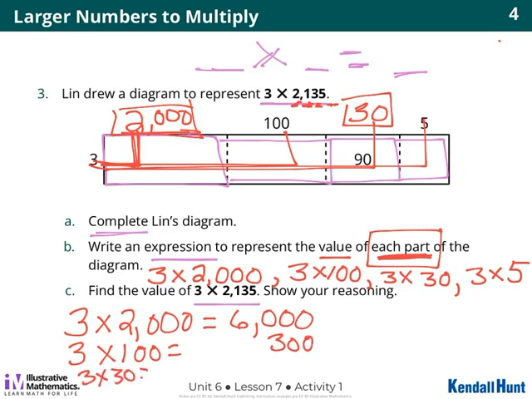I'm running out of space. 90. They told us that. And 3 times 5. I'm out of room. Oh, 3 times 5 is 15, right? Okay, so I'll put my 15 here. So then if I add them up, I'm just going to write my answer over here. 0 plus 0 plus 9 plus 1. Carry my 1. 1 plus 3 is 4, and then 6,000.